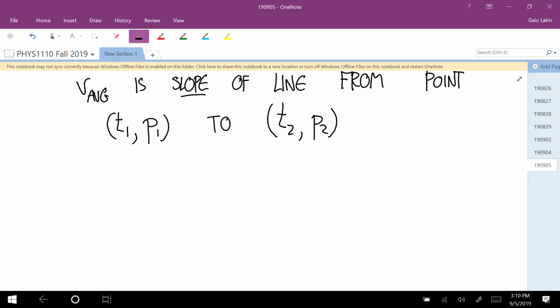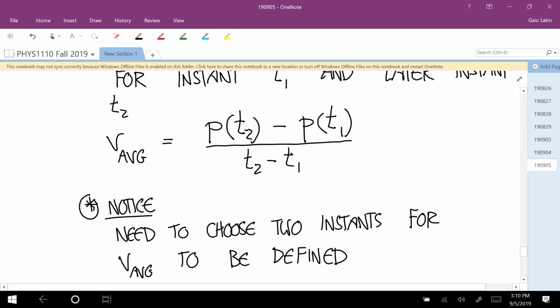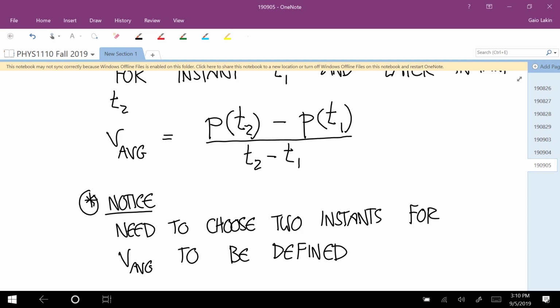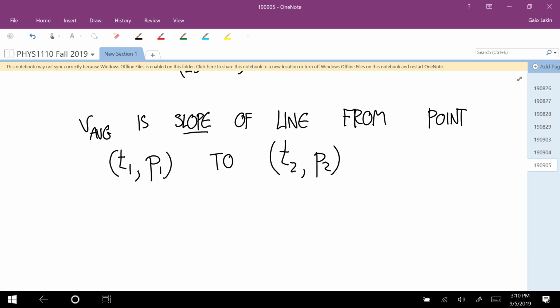And what about the sign? So using this formula, could you imagine a case where the average velocity was negative? Yeah, so anytime the later position is more negative than the earlier position, that average velocity is going to be negative. And so what does that sign tell you? This is important.